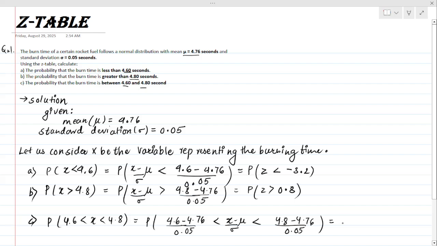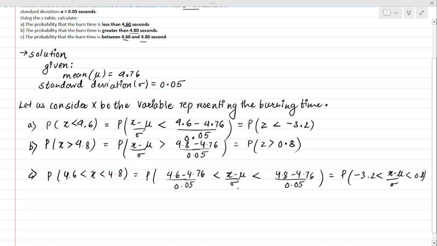This gives you the probability that z is between minus 3.2 and 0.8, where the middle quantity x minus mu by sigma is considered as z.